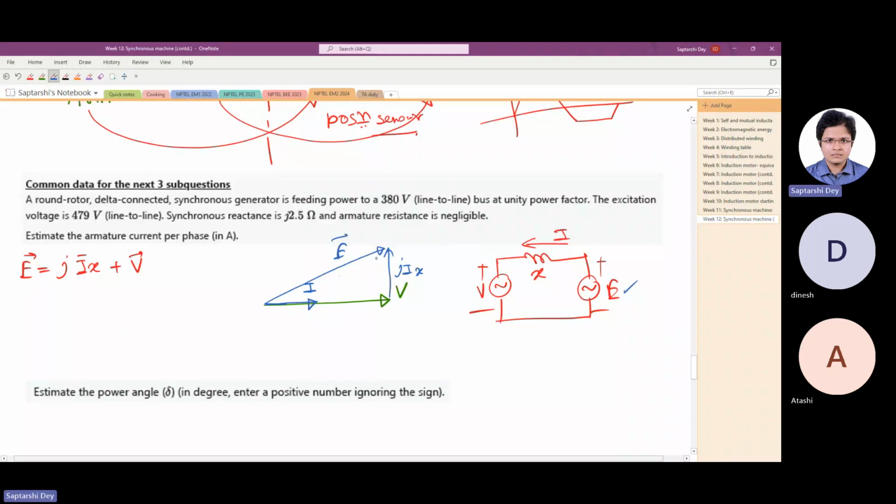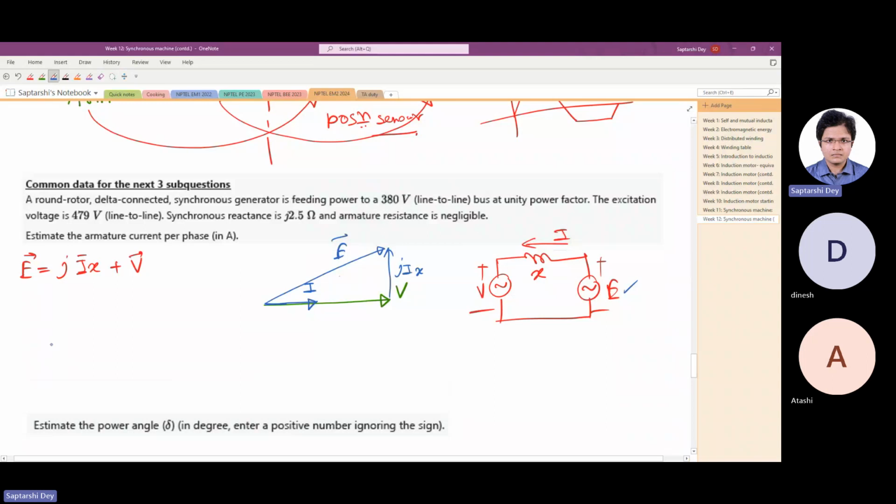Okay, so we can just use geometry here to find out. Magnitude wise, we can say modulus of E squared plus modulus of V squared is equal to modulus of Ix squared.